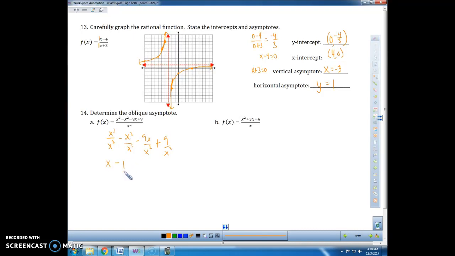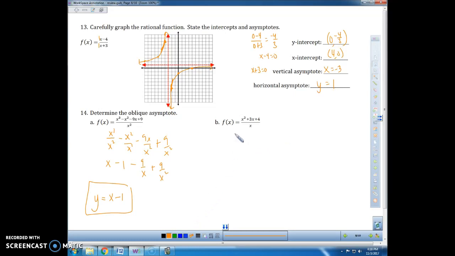X squared over x squared is 1, so we have a negative 1. Now here, an x would cancel, but you still have an x in the denominator, and here we still have an x squared in the denominator. So your answer will always come from the portions that don't have variables in the denominator. So your oblique asymptote will be y equals x minus 1. Every time, that's how it works, the quotient part.